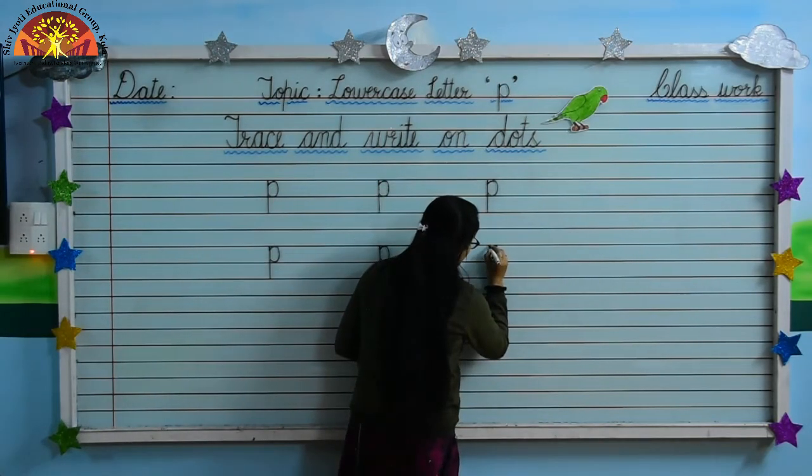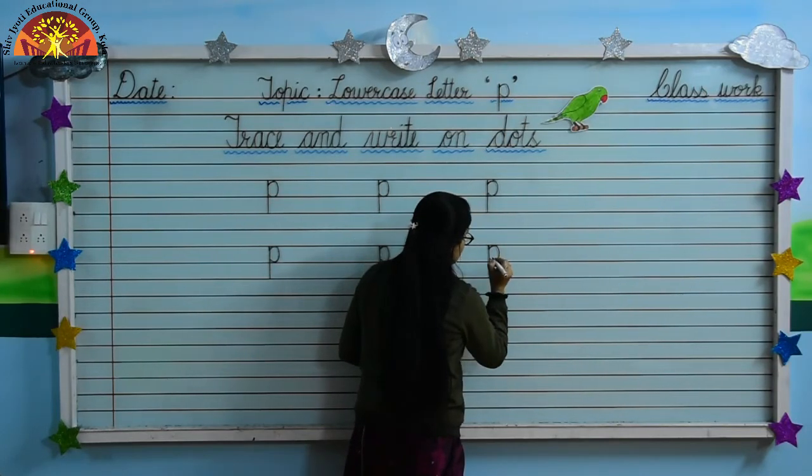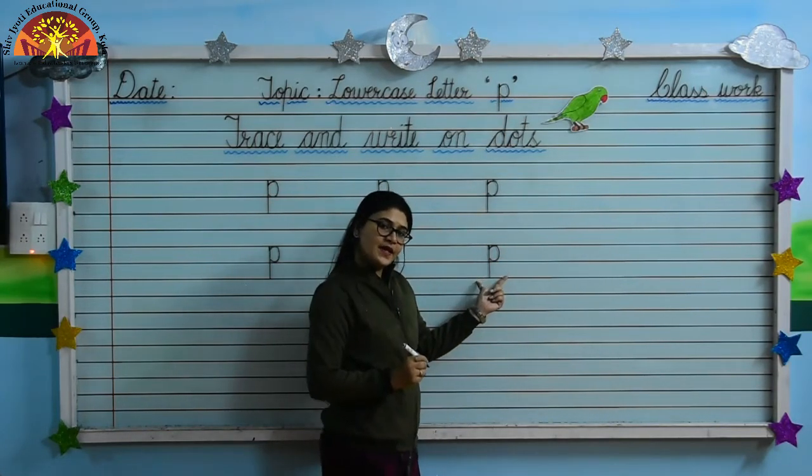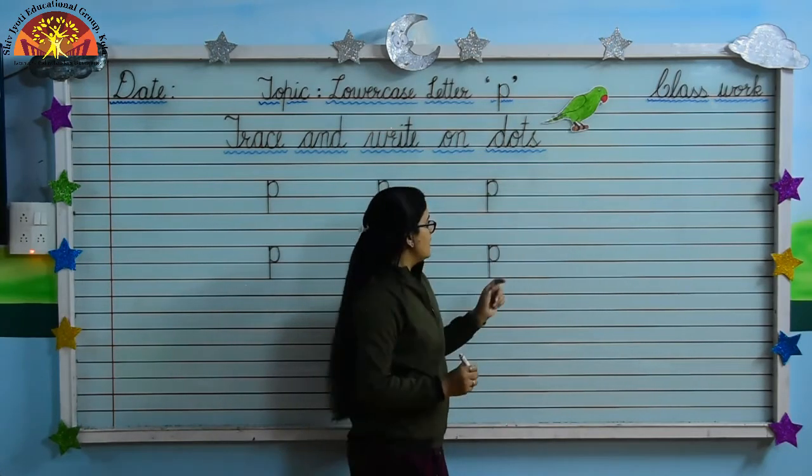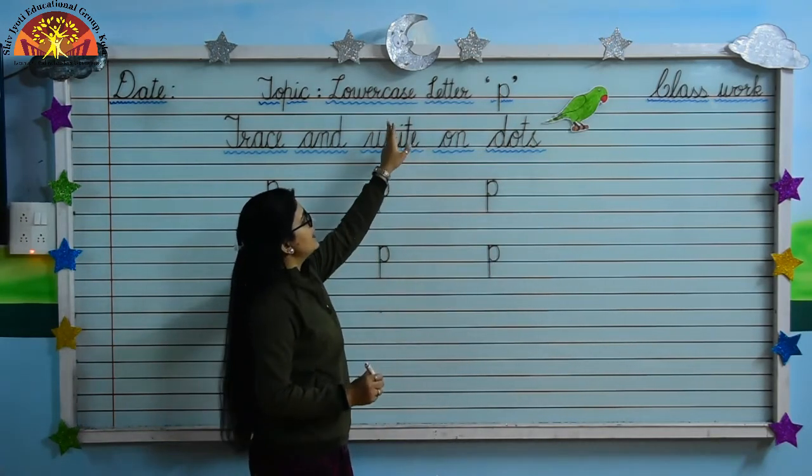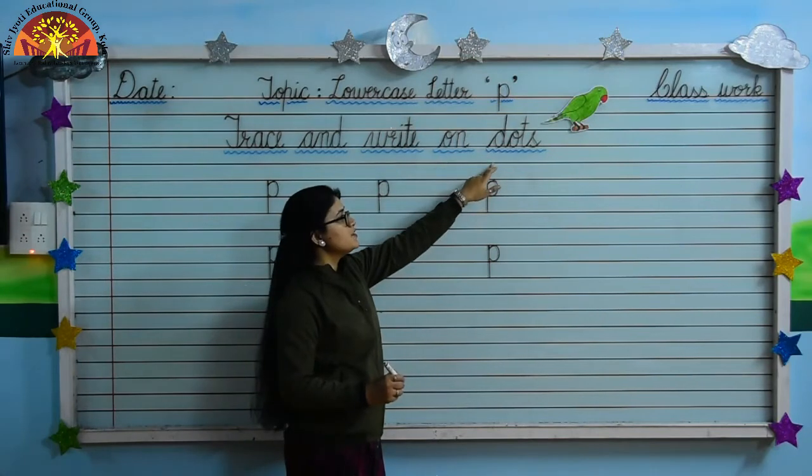Put your pencil here and draw a standing line and small curve below the starting point. Like this. Lowercase letter P. P for parrot.